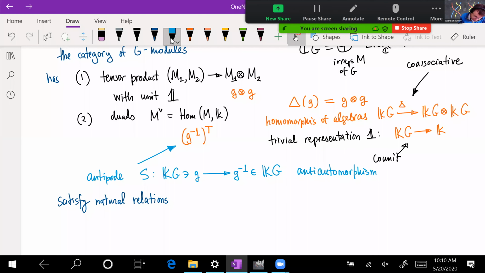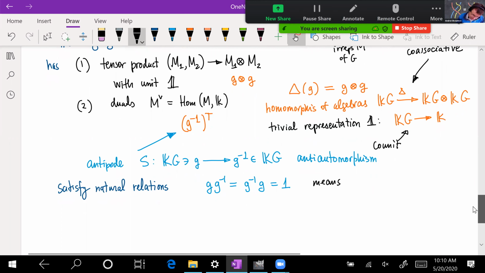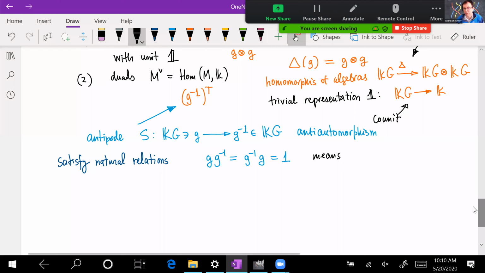Such as, for example, if you want to write the fact that G times G inverse equals G inverse times G equals one in the group, then this means, graphically, there's a convenient graphical calculus, and I have to recommend the book by Chari and Pressley, which I think is a marvelous book about quantum groups.